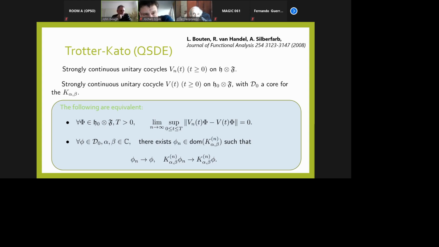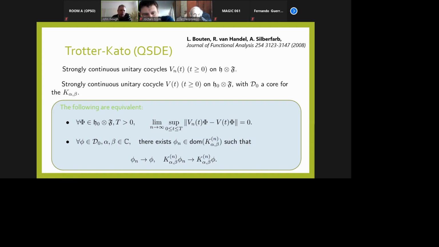So for each alpha and beta, you can get, again, an approximating sequence within the domains of the approximate K alpha beta n, so that you do get this graph convergence. Second term here, sorry, there shouldn't be any n here, obviously enough. So that's quite a useful result.